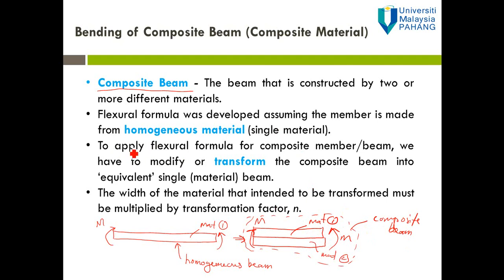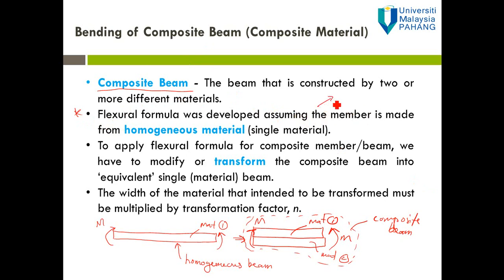Now, to apply the flexure formula for a composite beam, we have to modify or transform the composite beam into an equivalent single material beam. Before that, let's look at this second point. The flexure formula was developed assuming the member is made from homogeneous, single material.